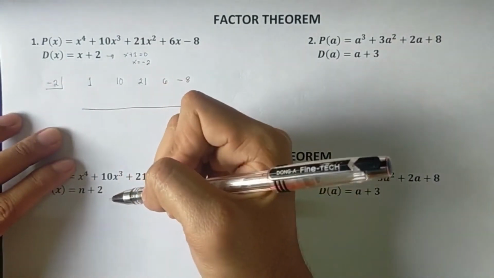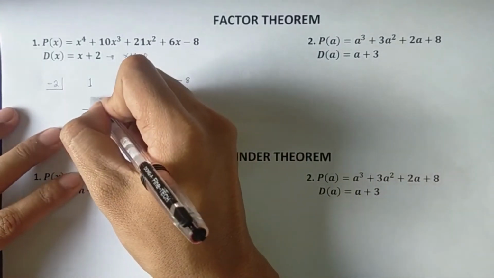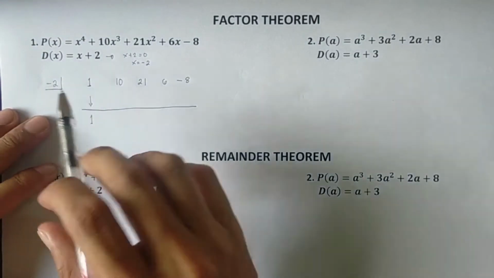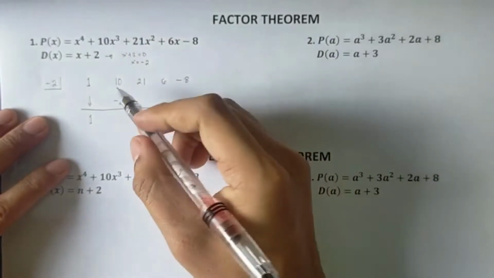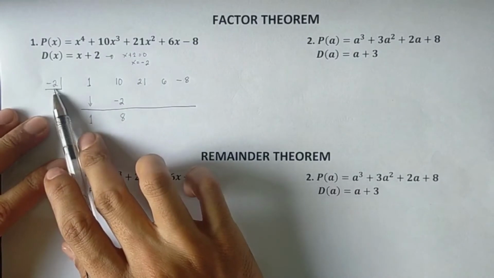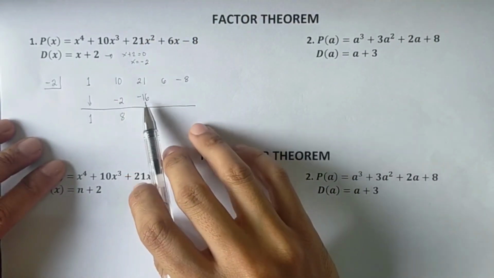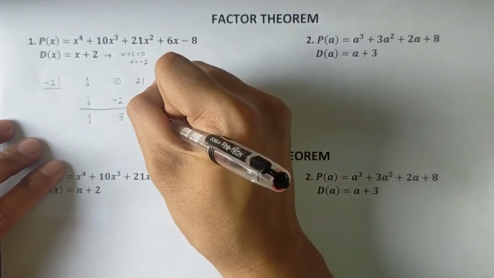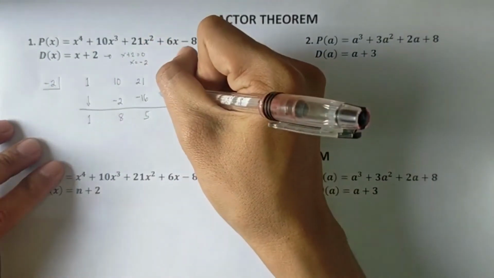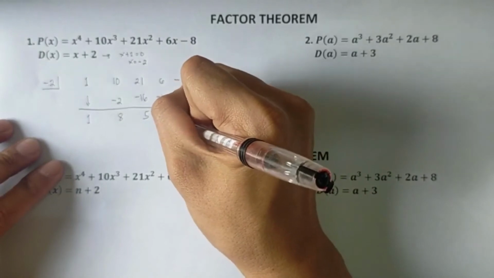Following the steps in solving polynomials using synthetic division, we bring down 1, then multiply 1 by negative 2, that is negative 2. 10 plus negative 2, that is 8. 8 times negative 2, that is negative 16. 21 plus negative 16, that is 5. 5 times negative 2, that is negative 10. 6 plus negative 10, that is negative 4.